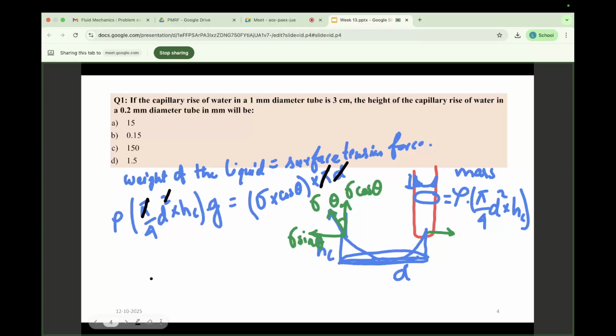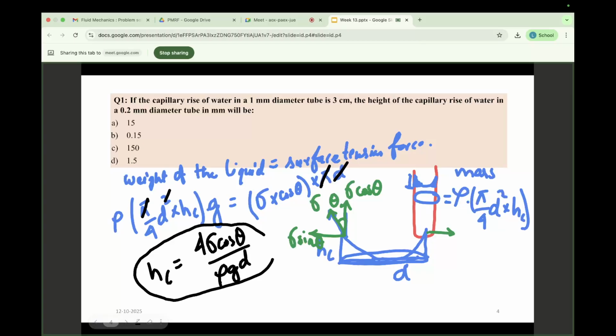So what can I write? I can write h is 4 sigma cos theta by rho g, and d will come below. So that is the formula of the capillary rise, right?